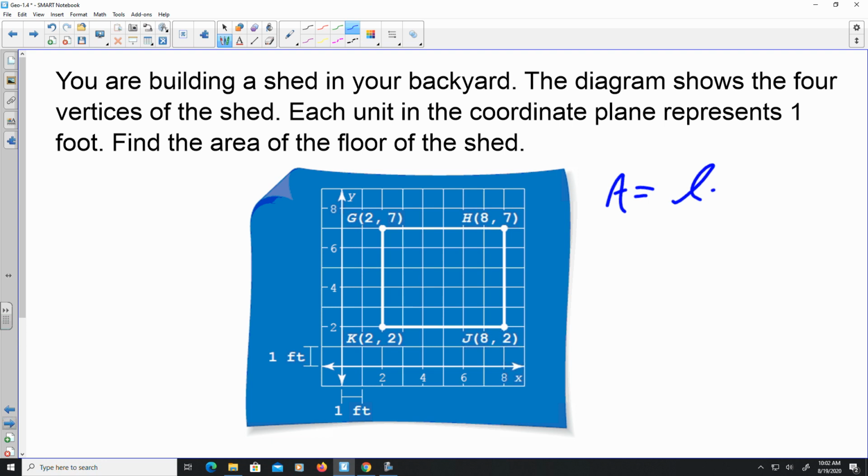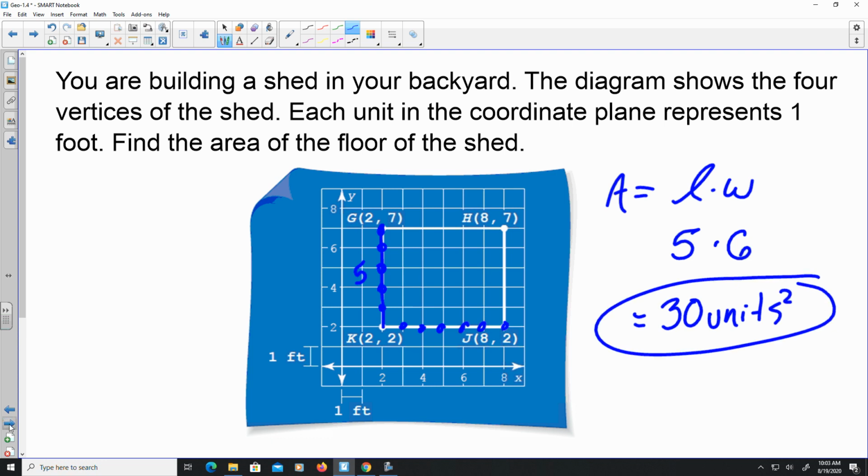Rectangle measurement is length times width. We'll call this the length right here. It is at 1, 2, 3, 4, 5, so it's at 5. The width is at 1, 2, 3, 4, 5, 6. So we can say this is 5 times 6, which means we have an area of 30 square units.